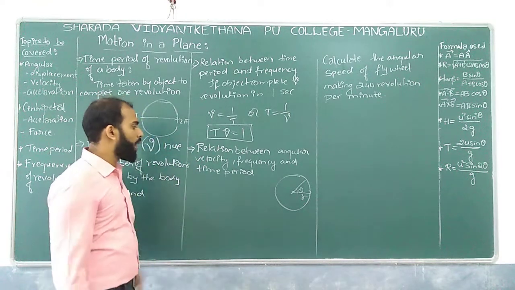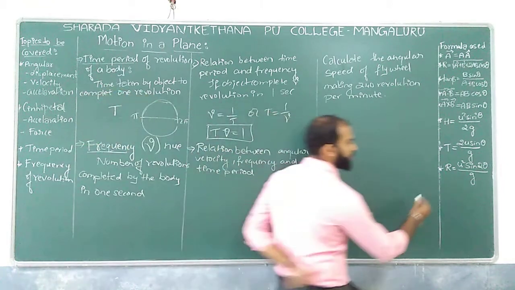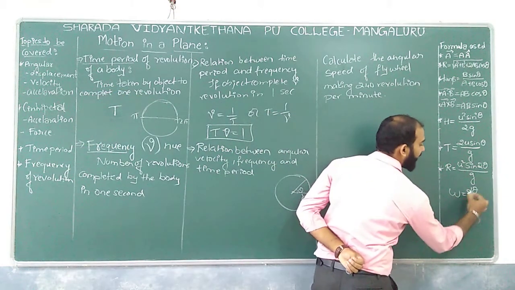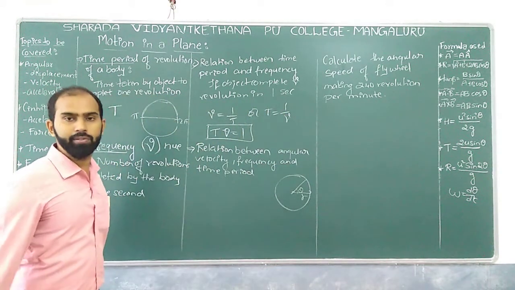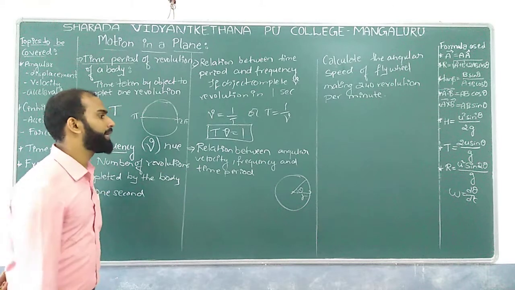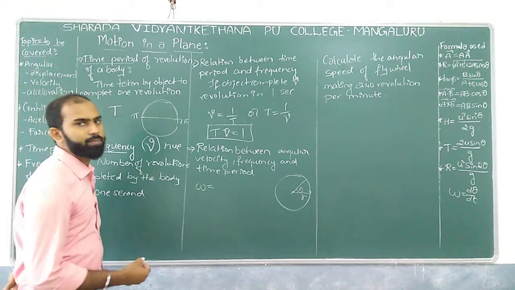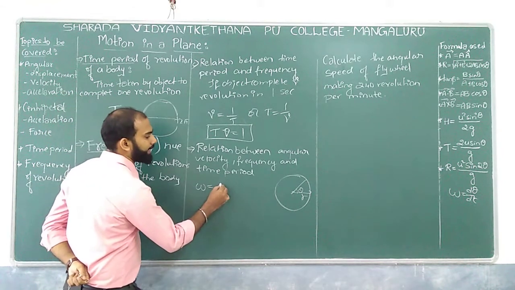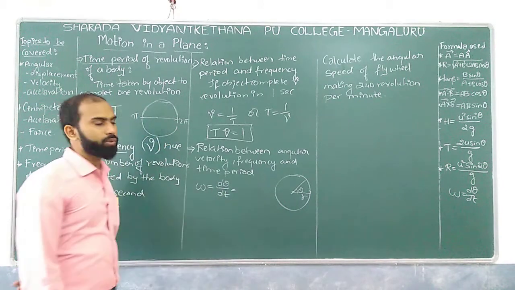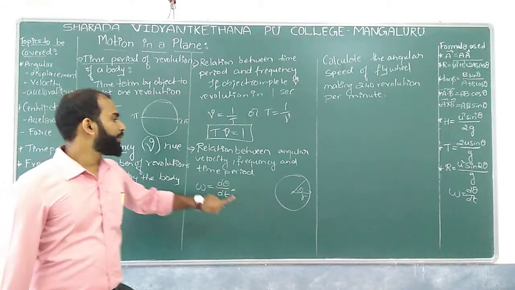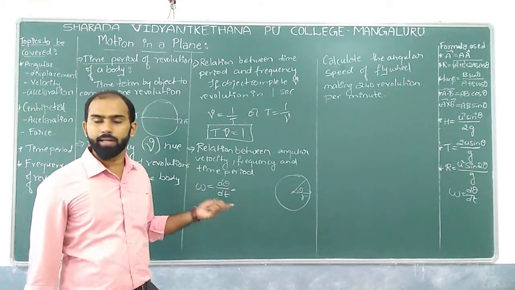Now, what is the formula we can have for angular velocity? We know angular velocity is equal to d theta divided by dt, right? This is the formula we have discussed. So similarly, omega is equal to d theta divided by dt. Now if we complete one revolution, what is the displacement? The angular displacement is nothing but 2 pi.